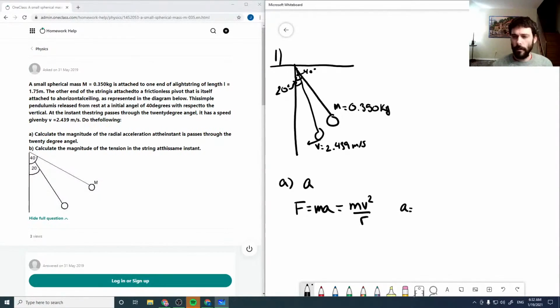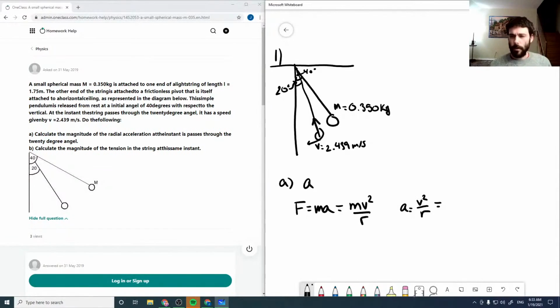So then A is v squared over r. So A here is our radial acceleration, and it's related to our tangential velocity, which is what's given in the question here.